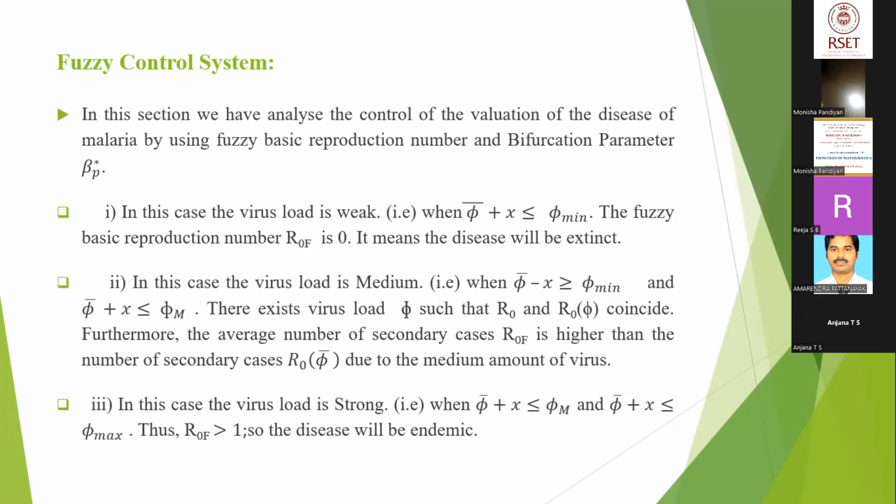In the second case, the virus load is medium, so the disease transmission will be a medium level of infections. That means it may extend or not spread faster. In the third case, the virus load is high, so the disease transmission will have a high infection rate. That means the spreading is faster.